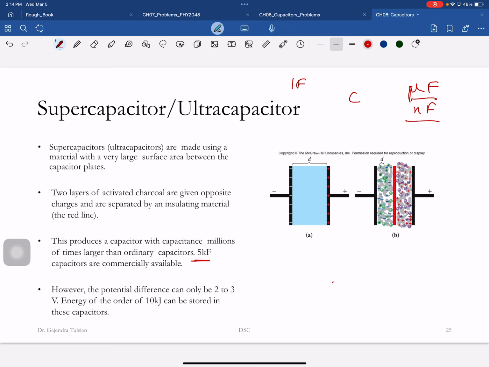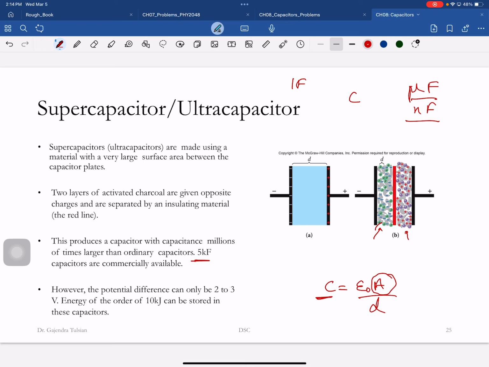So for a capacitor, if you want to make a large capacitor, you can increase the area tremendously. And that's what they do. They take powdered charcoal, and then you can charge them. The effective area is the surface area of all the particles.